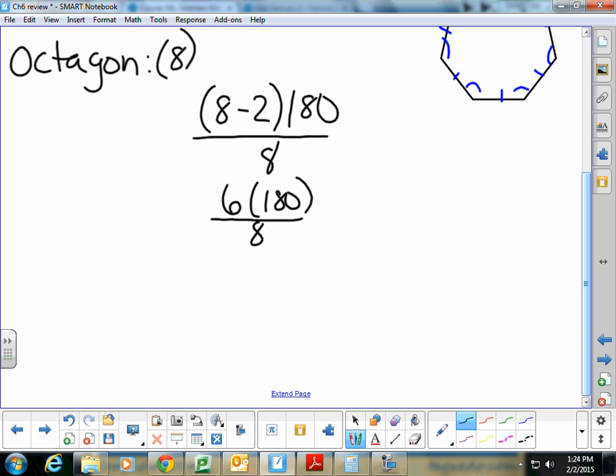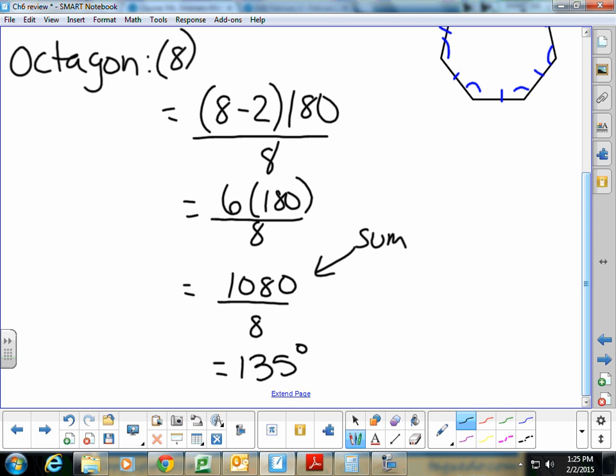Well, 6 times 180 is 1,080 over 8. And I divide that by 8 because this is the sum. Now you have to remember this is the sum of the whole figure. And then if you divide, that's really 8 angles divided by 8 for one angle, which is 135 degrees.